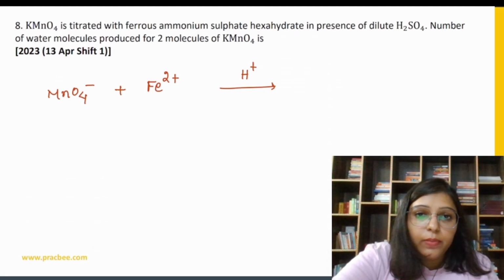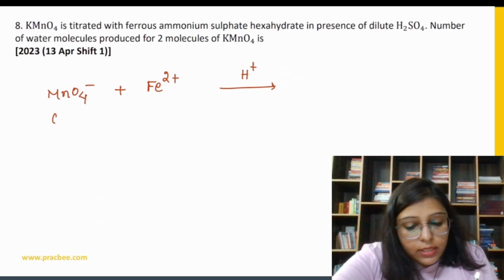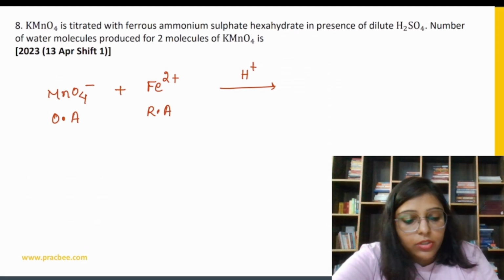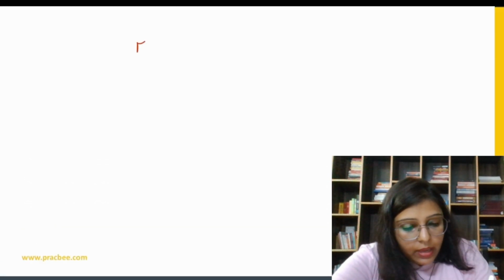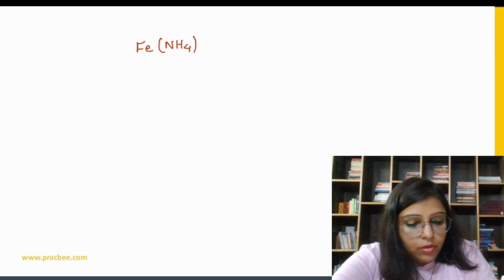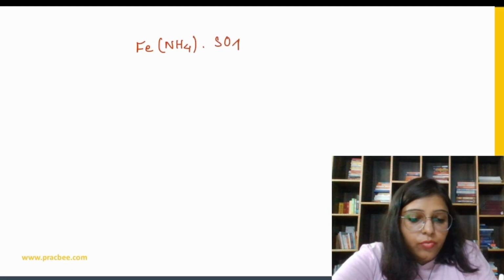So MnO4 minus is the oxidizing agent, and Fe2 plus is going to be the reducing agent. Ferrous ammonium sulfate is this, FeNH4SO4.